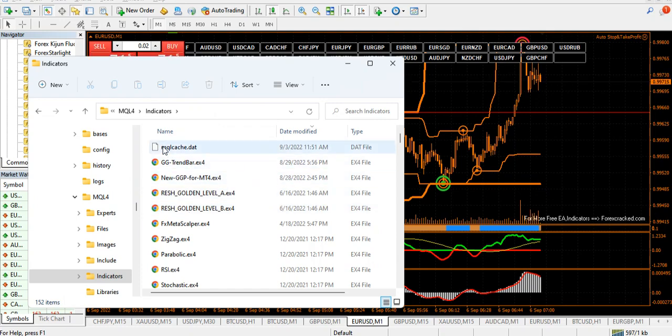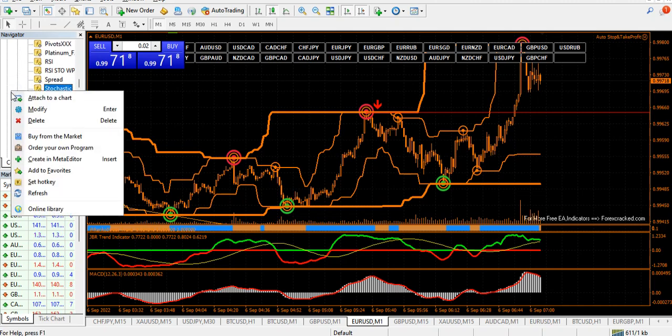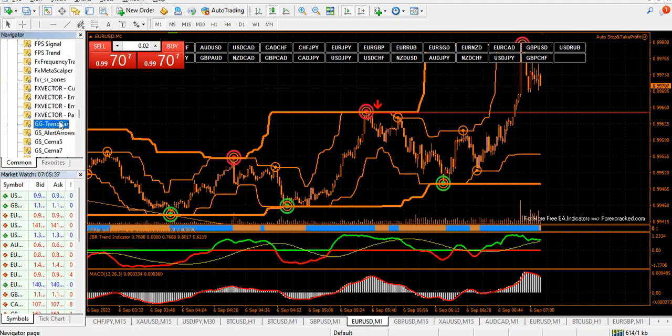Okay, after that, we paste our indicator here. I pasted it before, and its name is ggtrendbar.ex4. After that, you come to the MetaTrader. You can restart your MetaTrader, or in the indicator part of the navigator bar, you can refresh, and you will see GG trend bar here.